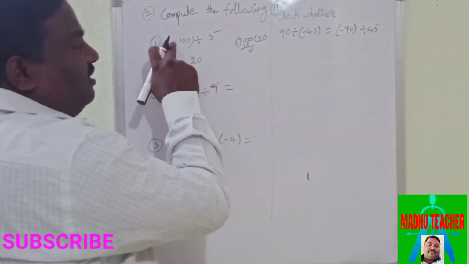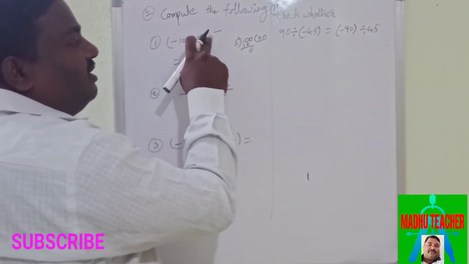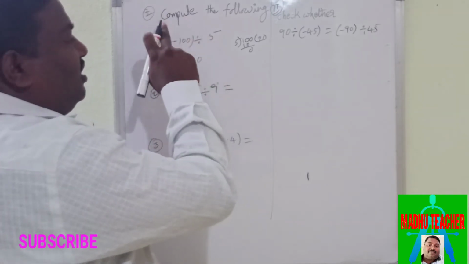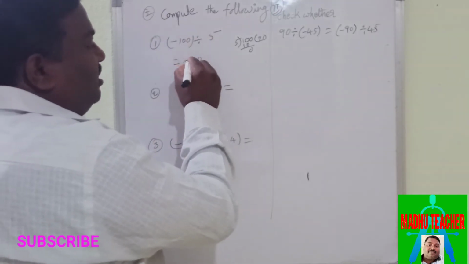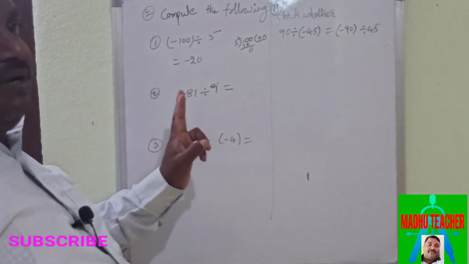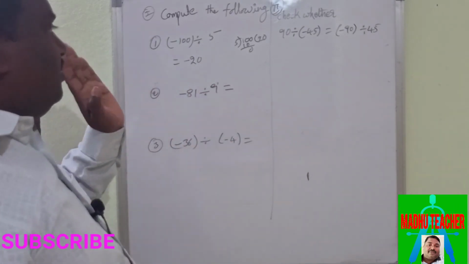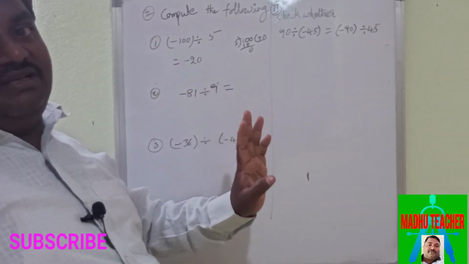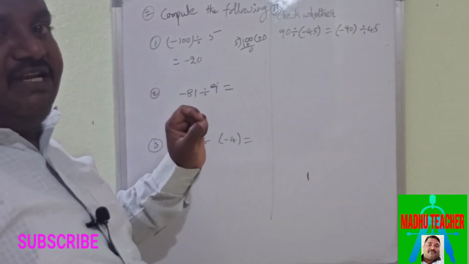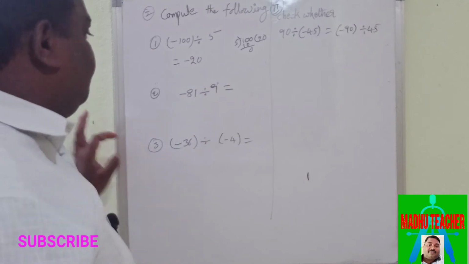But we are dividing a negative integer by a positive integer, so it is negative. Division of negative by positive or positive by negative is negative. Division of different sign integers is negative.